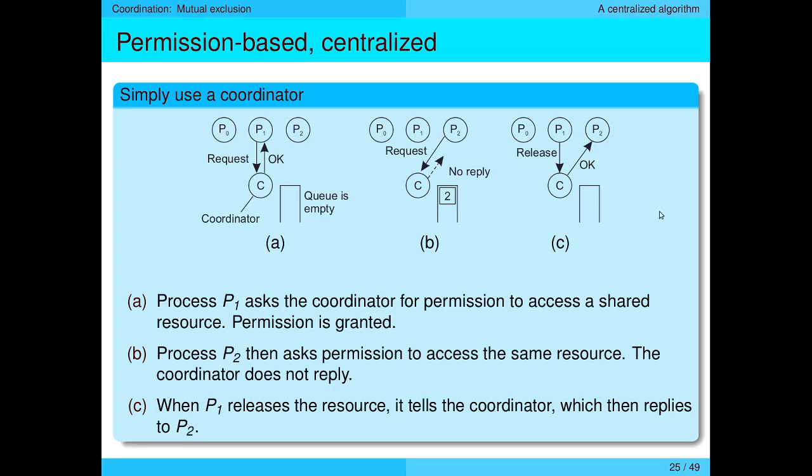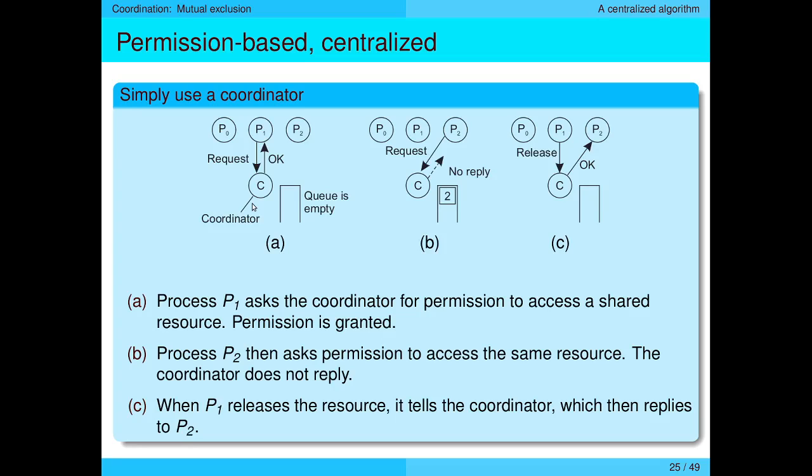Assume here processes P0, P1 and P2 are there. Now P1 is asking a coordinator for permission to access a shared resource.